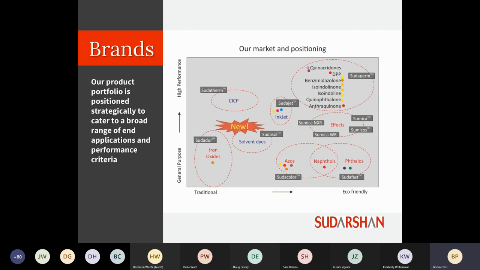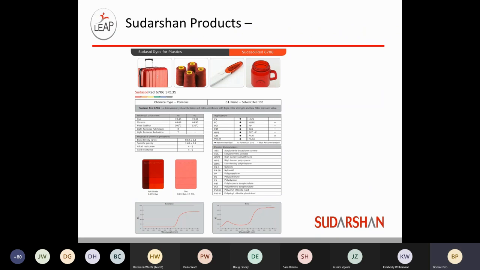So as I mentioned, the Sudasol is one of our newer brands in the Sudarshan portfolio of colorants. And so we're happy to have them on board, and we are also happy to see the expansion of that line throughout the rest of this year. Some of the products that we've already launched in our line are Solvent Red 135, which is the Sudasol Red 6706.